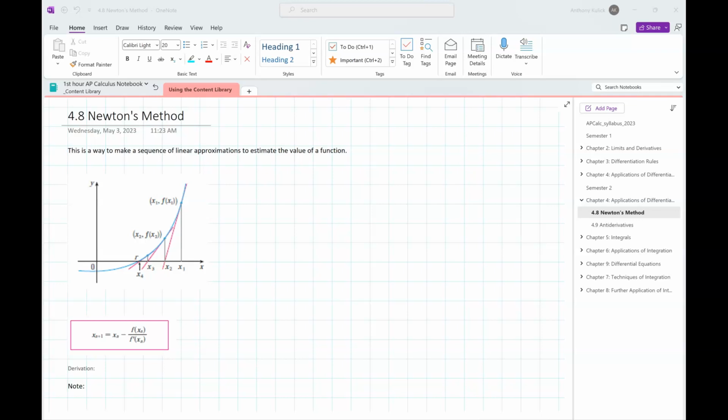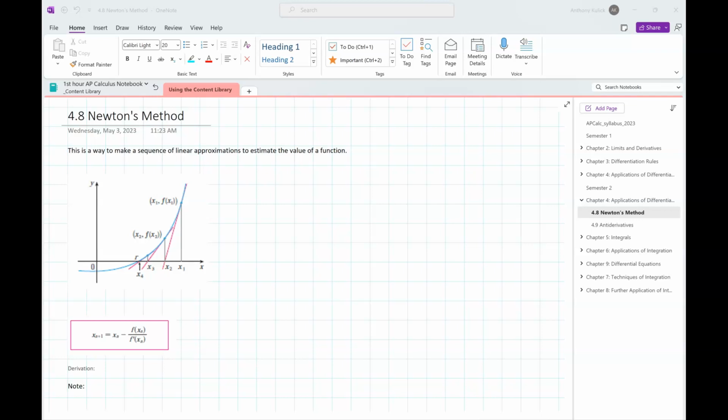So really this is a way to approximate a solution to a polynomial, or really any kind of equation, but most often we'd apply this to a polynomial situation. Because if you remember back from Algebra 2, solving a polynomial is not trivial, right? If you have a big degree polynomial, that can be quite time consuming. And if there are no rational solutions to start with, and it's not in a specific form, finding the irrational solution, there's nothing really we have.